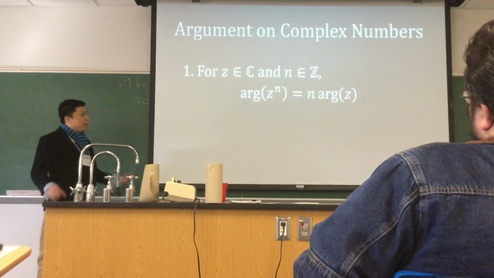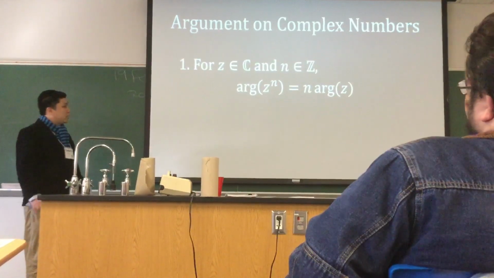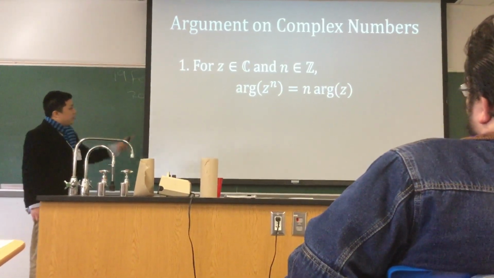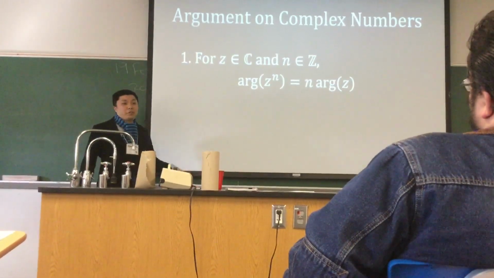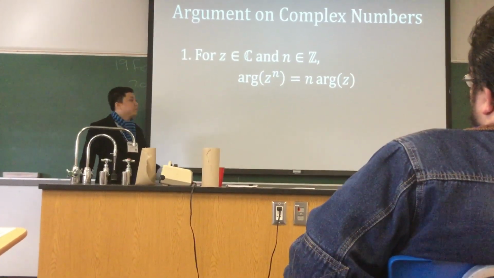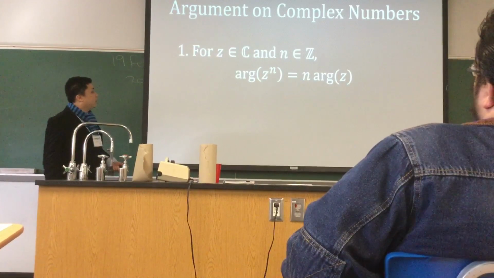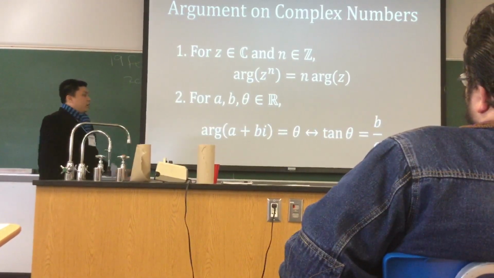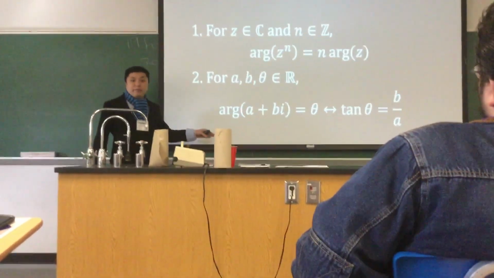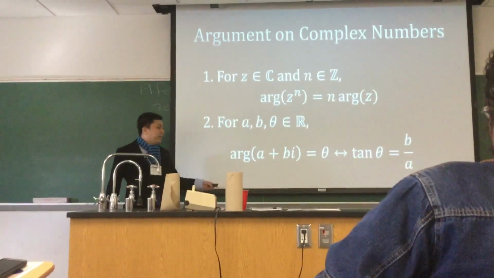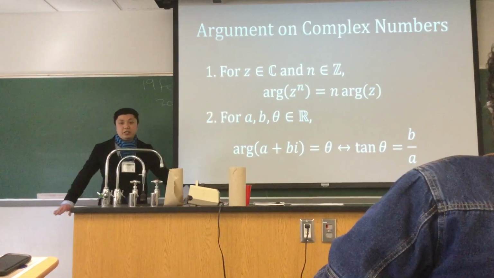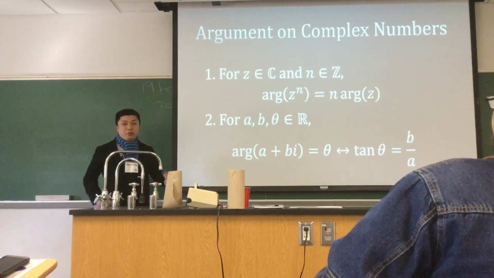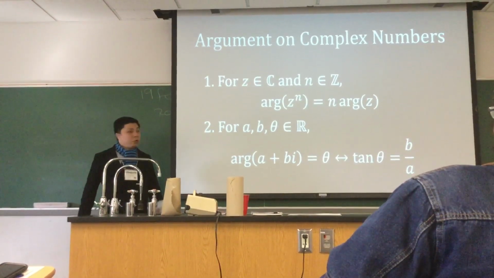So we all have the necessary tools. Argument of z raised to n is equal to n times argument of z for some complex number. And argument of a plus bi is theta, such that tangent of theta is b over a. That's all we need to know, and we are ready to prove the original problem.